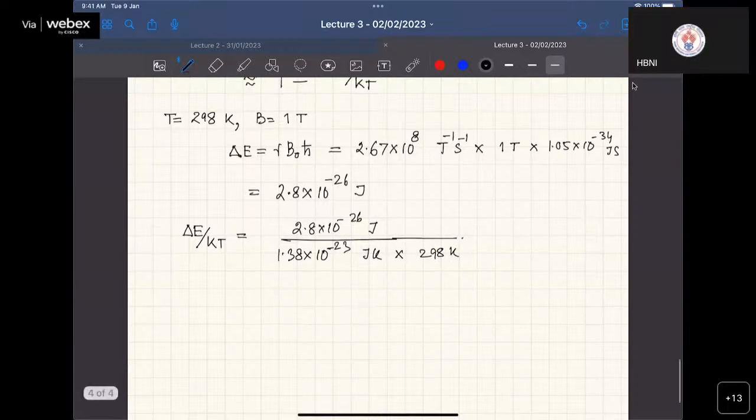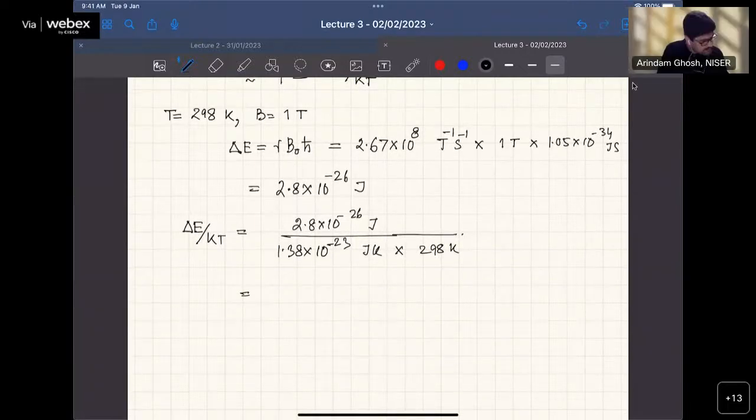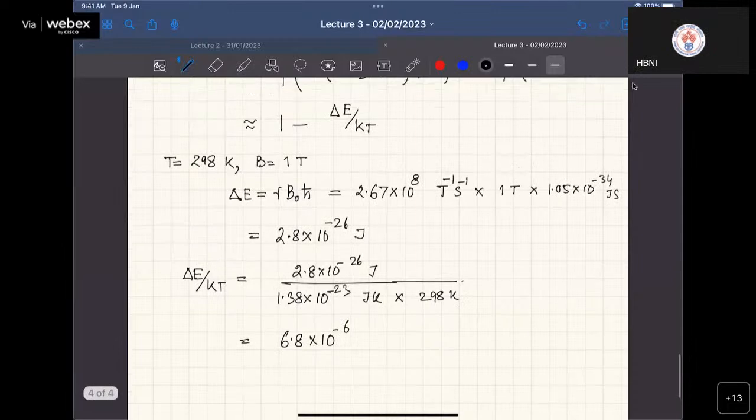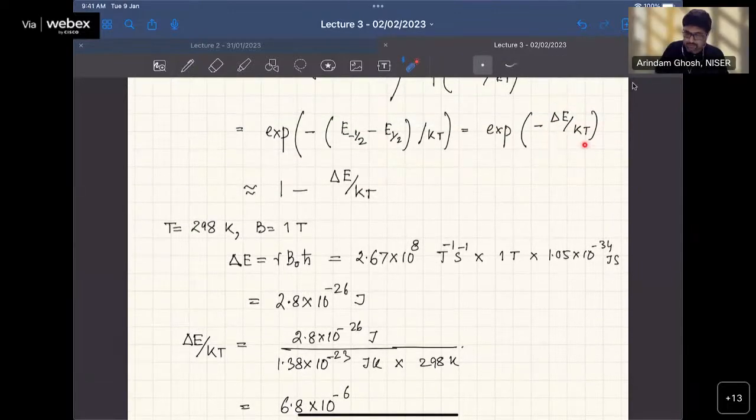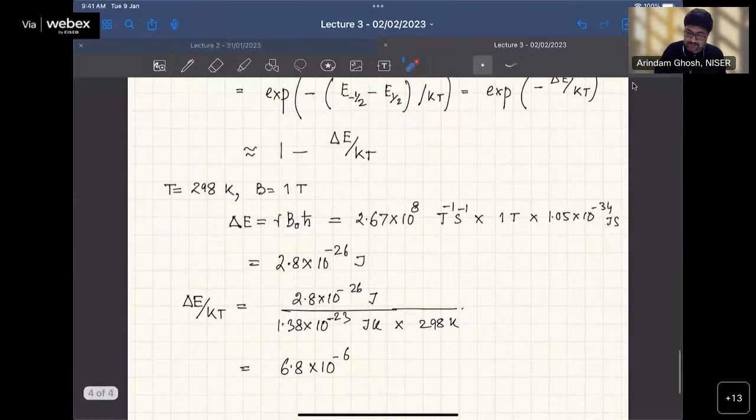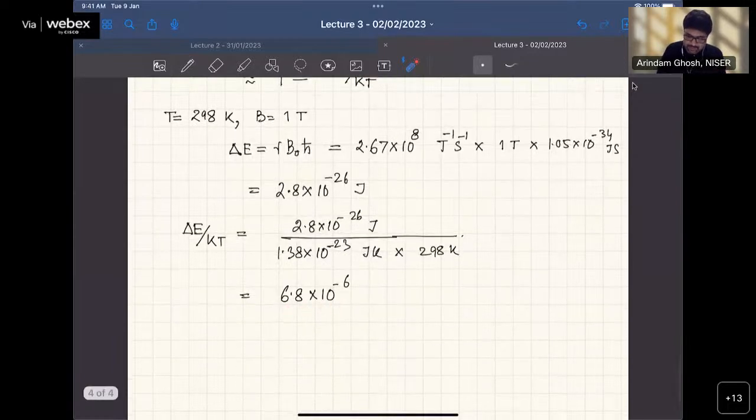It turns out to be something like 6.8 times 10 to the power minus 6. That is delta E by kT. So obviously, as I told you, delta E by kT for room temperature is extremely small compared to 1, and it is really smaller than 1.